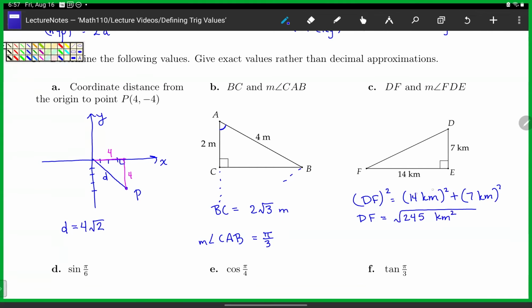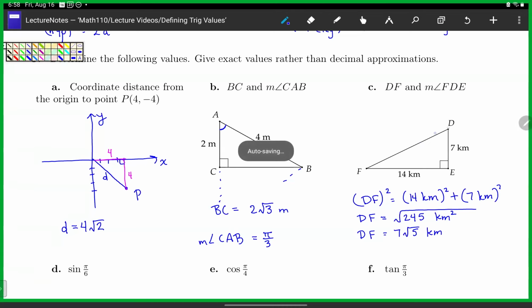I went and did that on my calculator. 14 squared is 196 plus 7 squared is 49. And so DF, you can pull, this is 49 times 5, it turns out. So this is 7 root 5 kilometers.